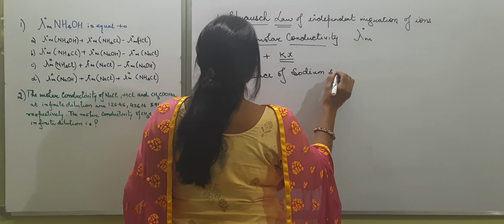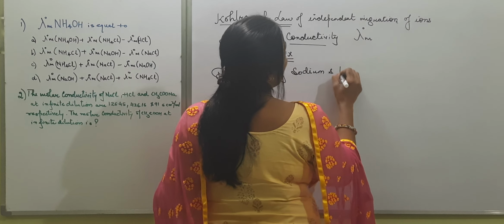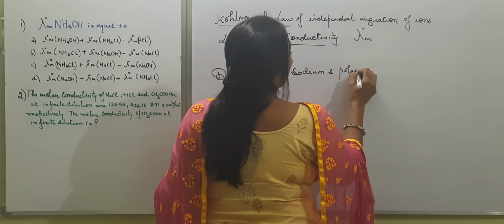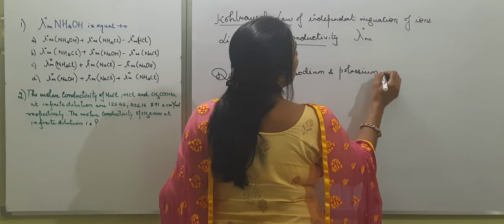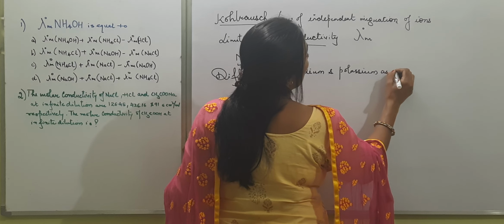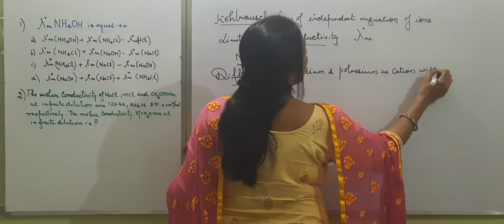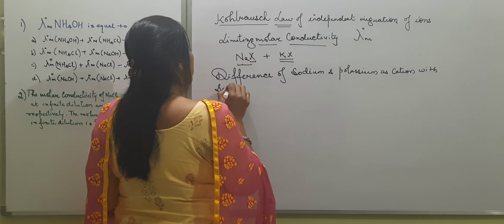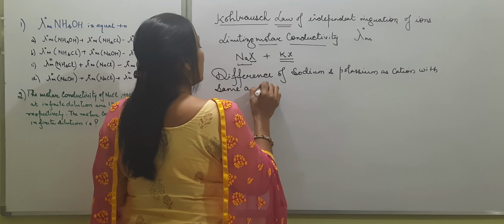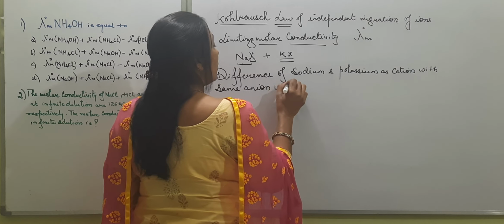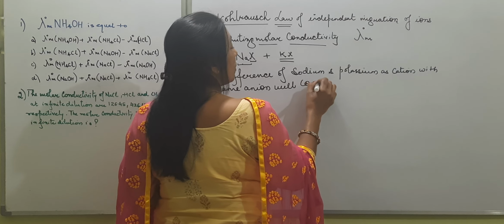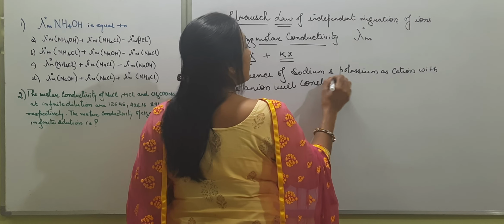Sodium and potassium as cations with the same anion, the anion will be constant.